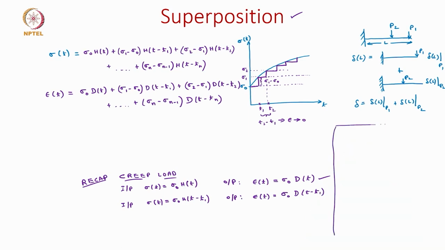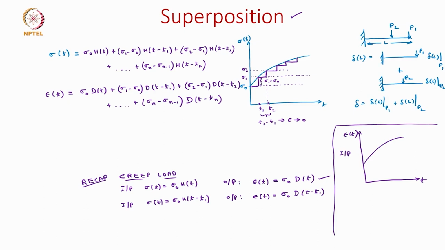So, what I mean is, let us say we are looking at an input where with time strain changes, and we are saying that this is the input. So, how do we find the output here?